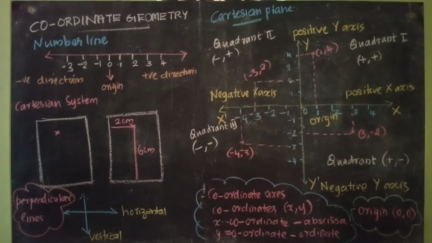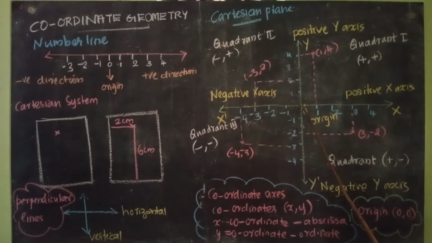Descartes used two perpendicular lines. One line is the horizontal line and the other one is the vertical line. See here our horizontal line x dash x, or x axis, and our vertical line y dash y, or y axis. They are intersecting each other at their zeros.